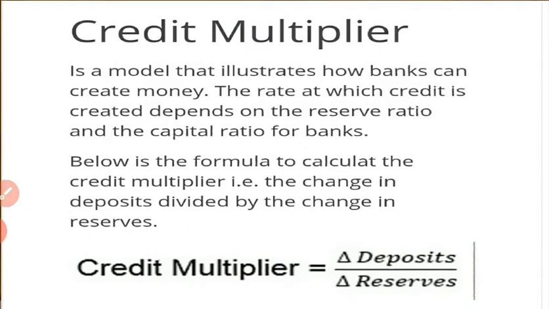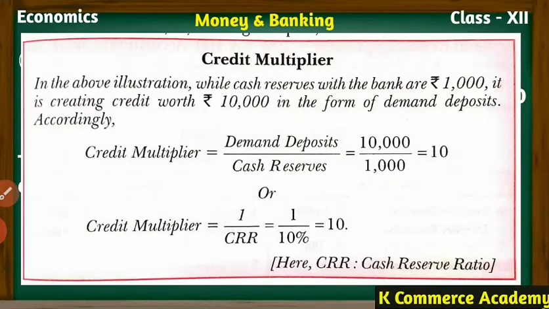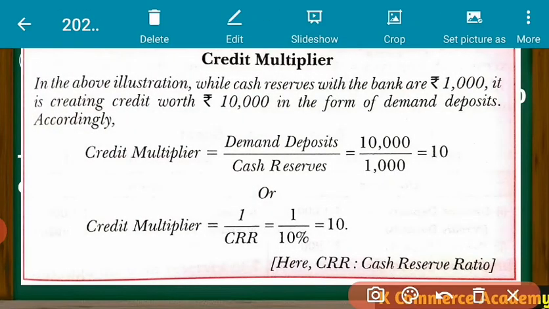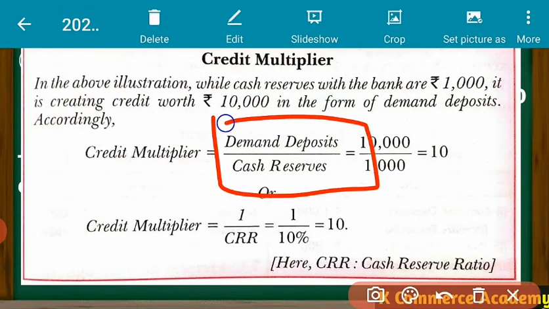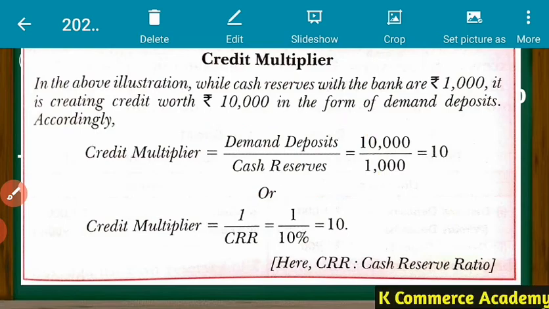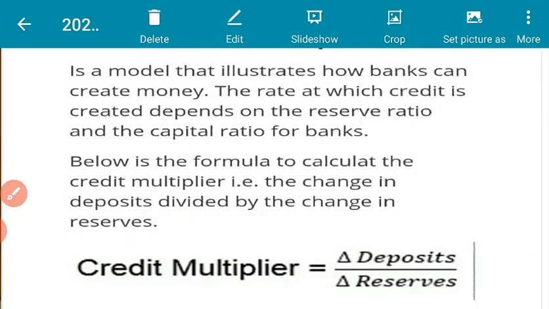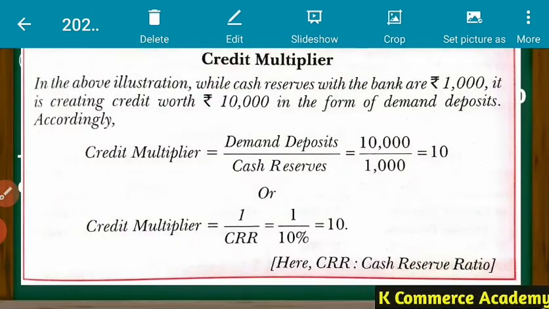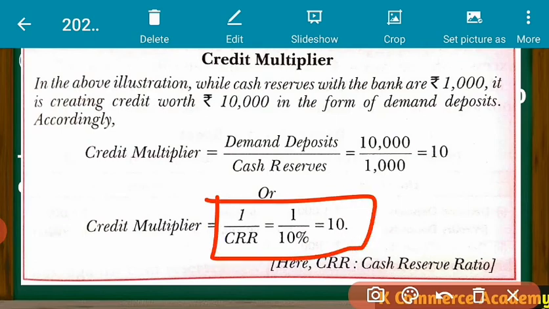One more formula is there for credit multiplier, you can just concentrate on the screen, that is change in deposits upon change in reserves. However, this has been explained here also, that is demand deposits upon cash reserves, or you can take it to be change in deposits upon change in reserves is also a formula for credit multiplier. Another formula for credit multiplier is 1 upon CRR.